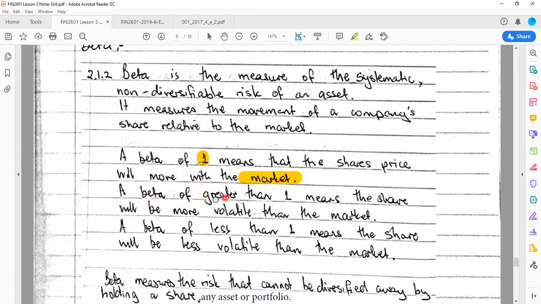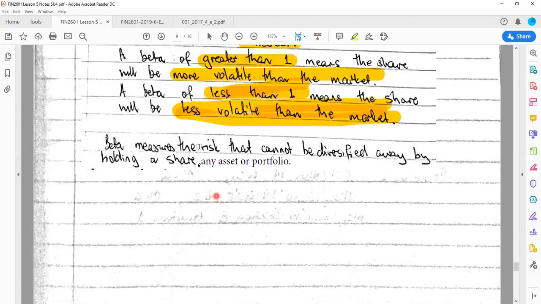If a share has a beta greater than 1, it means the share has more risk than the market. Volatile just means more risk. And if a share has a beta less than 1, it means the share has less risk than the average market. Okay, so please make sure you know how to interpret beta.